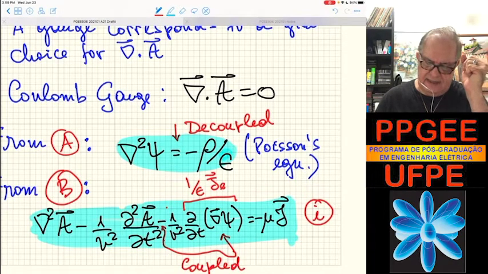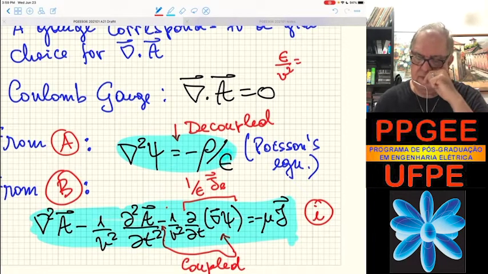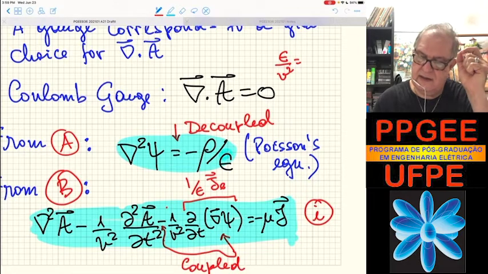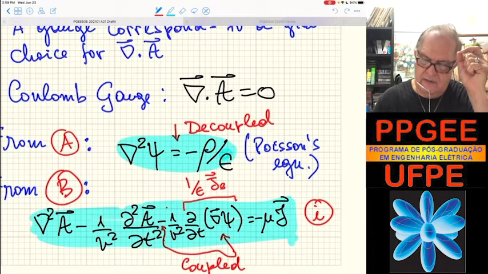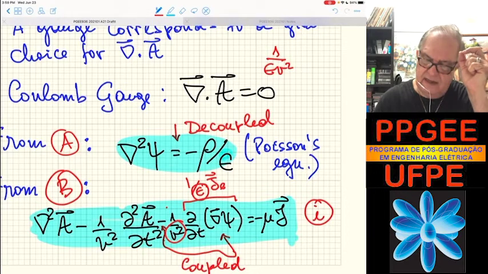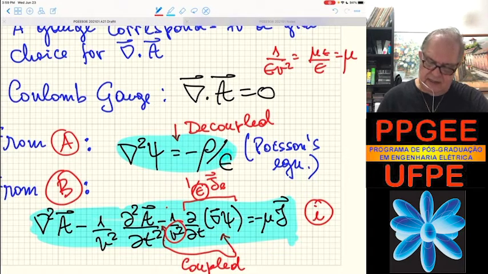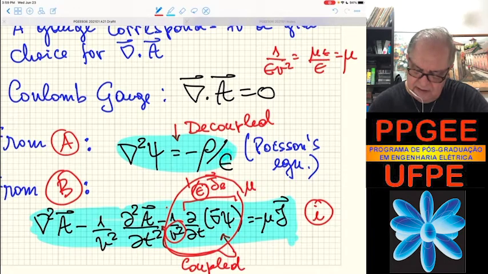And notice that 1 divided by epsilon V squared, which is this factor here, equals mu epsilon divided by epsilon, which equals mu. So the thing here is simply mu J_L.